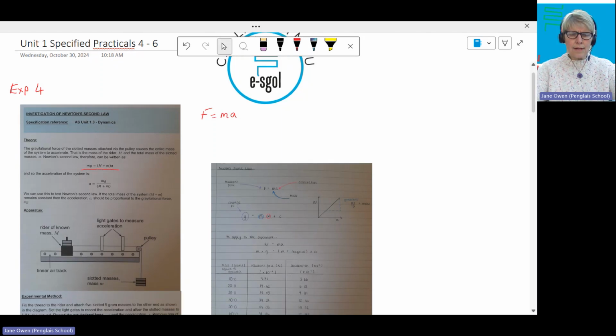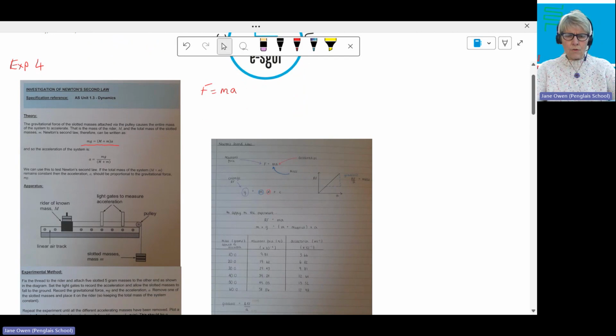So they've got this setup of a linear air track and the slotted mass m providing the accelerating force, given by the little mass g, to give you the force required to accelerate the larger mass. But the bigger mass of the rider and the little mass of the slotted mass is the total mass of the system.